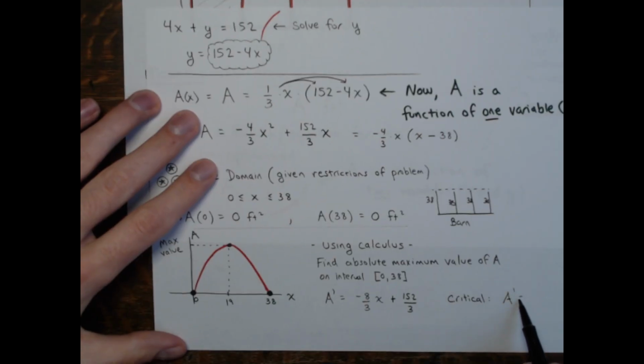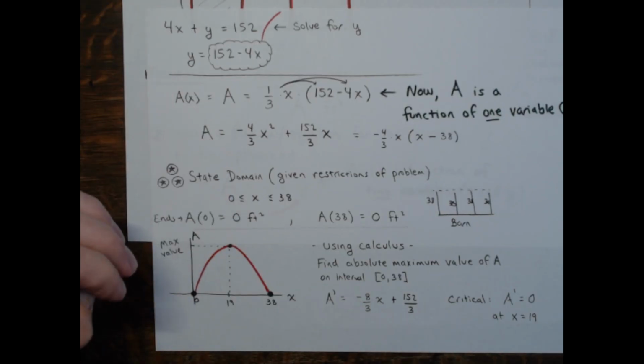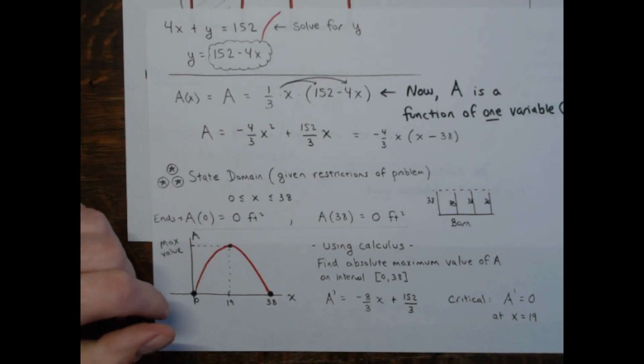So I think where A prime equals 0, and this happens at x equals 19. If you were to set this equal to 0, you'd subtract 152/3 and then multiply both sides by negative 3/8, and 8 goes into 152 19 times.